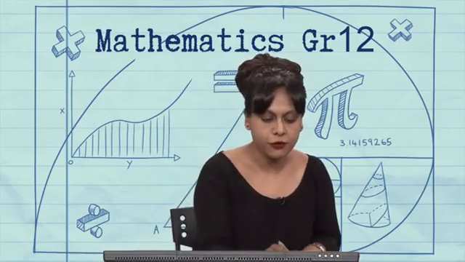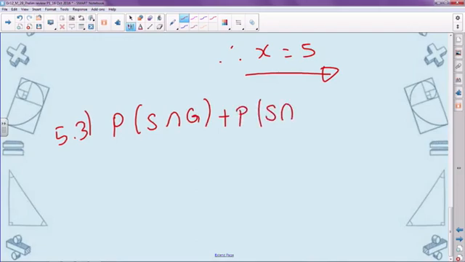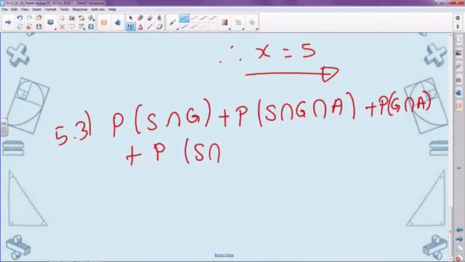Okay, all right, so we're going to do that as follows. We're looking for the probability of them participating in 2 or more events. So that's going to be the probability of someone competing in swimming and gymnastics, plus the probability of a person competing in all 3, so swimming, gymnastics, and athletics, plus the probability of them competing in gymnastics and athletics, plus the probability of competing in swimming and athletics.